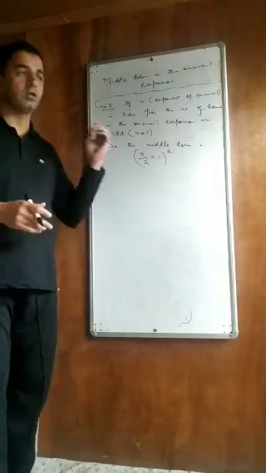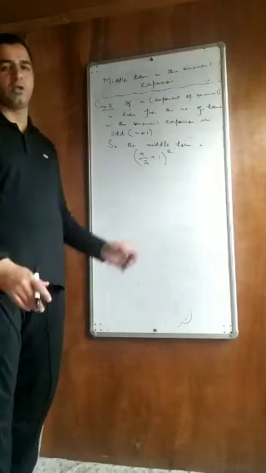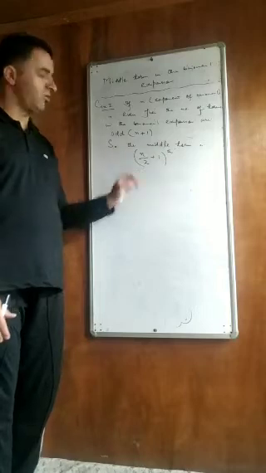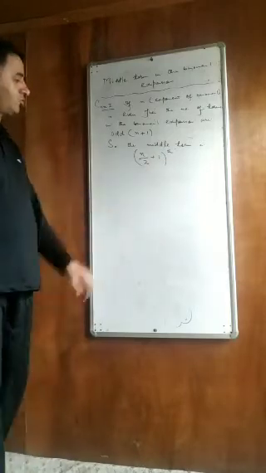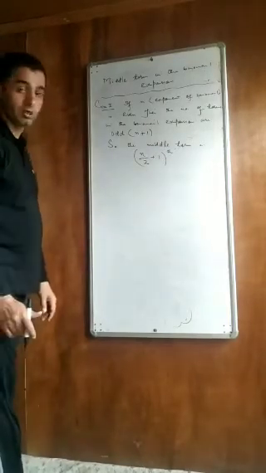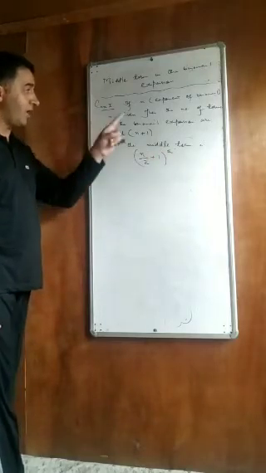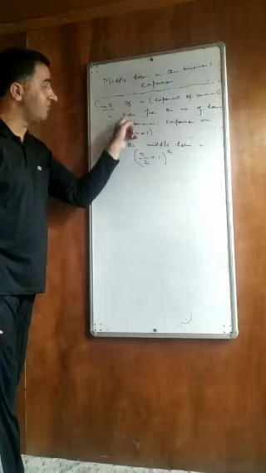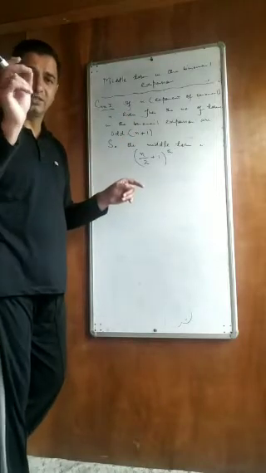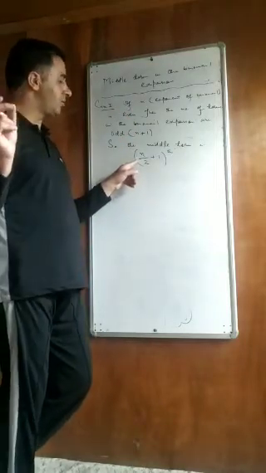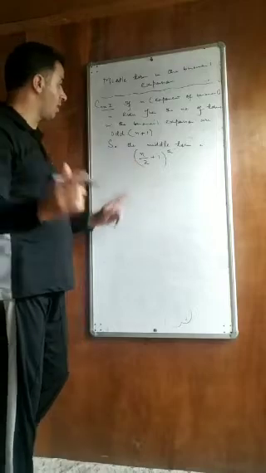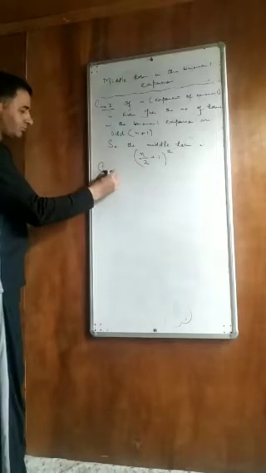And you can calculate with the help of general formula T5, that is 8C4 and so on. You can find the fifth term. So n by 2 plus 1 will be the fifth term, it will be the middle term. But when n is even, when the power of binomial is even, in this case the middle term is n by 2 plus 1.